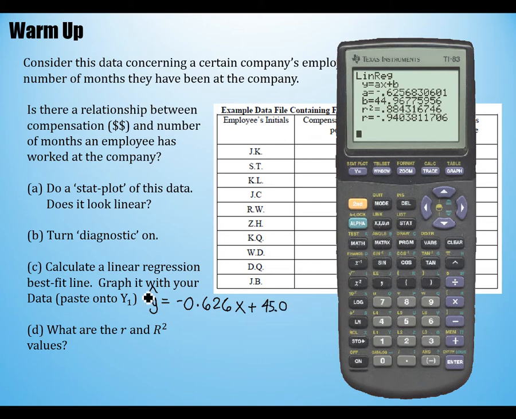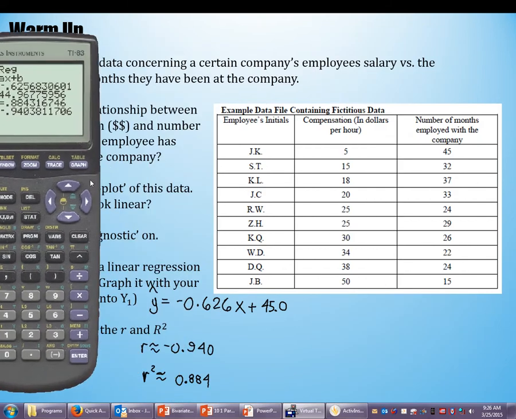Okay, so is that cool? And then R and R squared values are what are up there. R is approximately negative 0.940. R squared is approximately equal to 0.884. All right, even though you don't know what that means maybe yet, but we will talk about it.